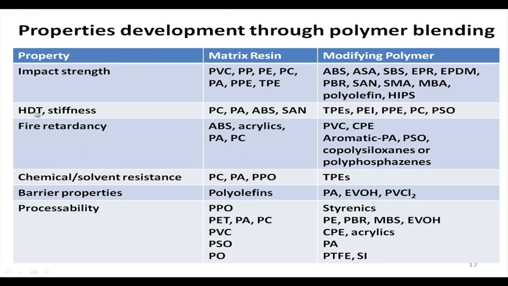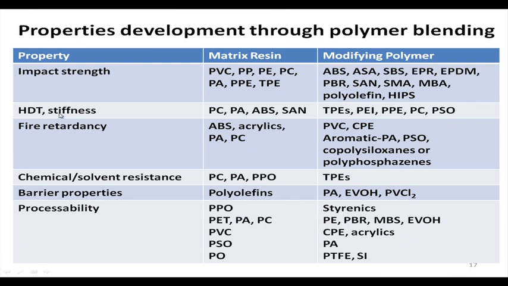For one particular application, the polymer should maintain its dimension at that elevated temperature. So, that heat deflection temperature of a polymer can be changed, improved or decreased by considering the blend of these matrix resins with these modifying polymers.